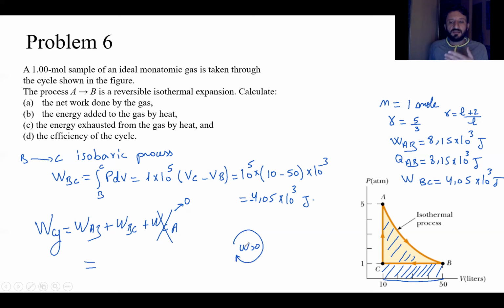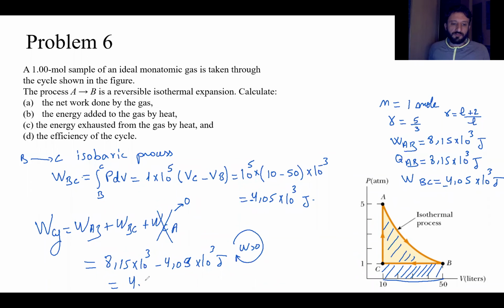It's a heat engine. So here we get W_BC is negative here, and we have W_AB equals to 8.15 times 10 power 3 minus 4.05 times 10 power 3 joule. We do the calculation to get the answer.